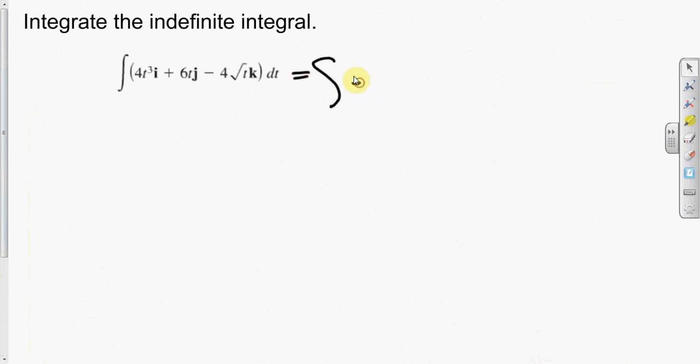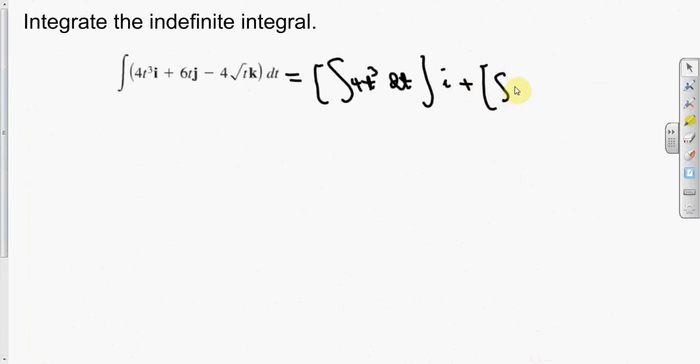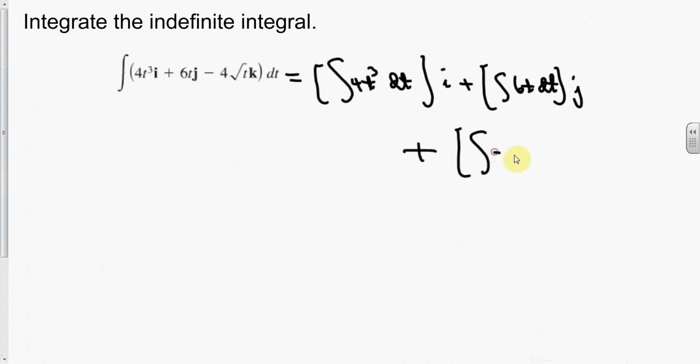We're integrating the 4t to the third dt, and that's times i, and then plus the integral of 6t dt j, plus the integral of the negative 4 times the square root of t dt k.